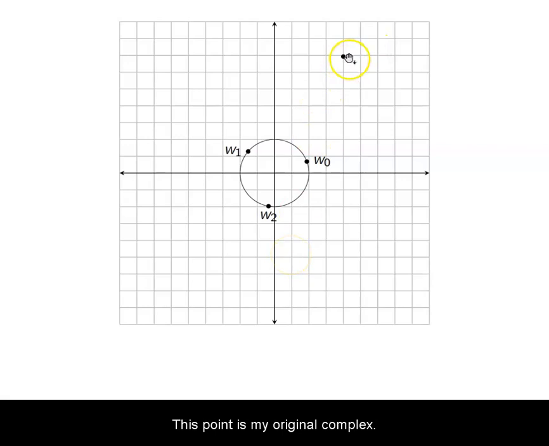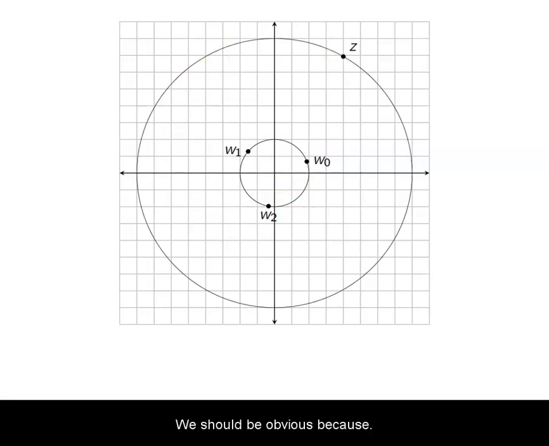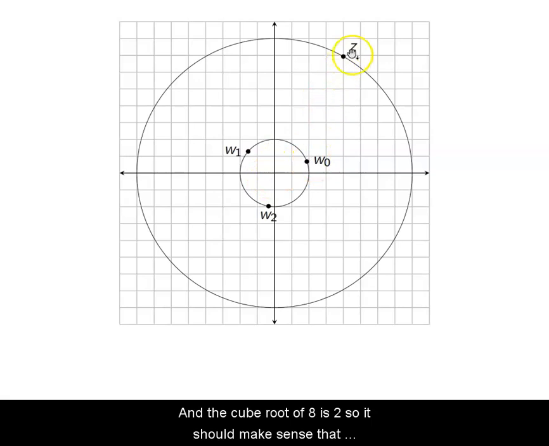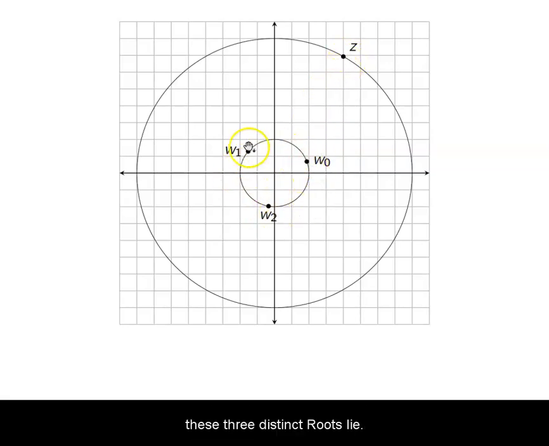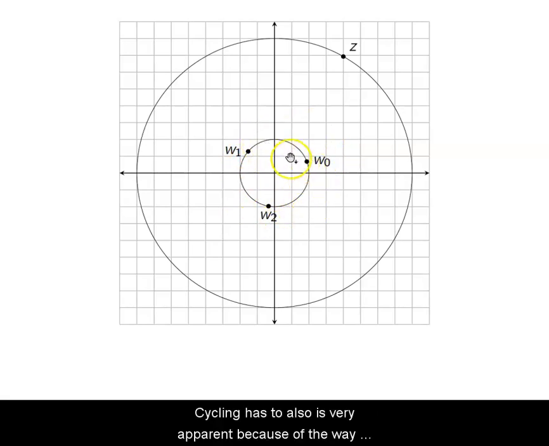This point is my original complex value. It lies on a circle of radius 8, which should be obvious because its modulus is 8. So 1, 2, 3, 4, 5, 6, 7, 8, and it lies on that radius. The cubed root of 8 is 2, so it should make sense that these 3 distinct roots lie on the circle of radius 2.